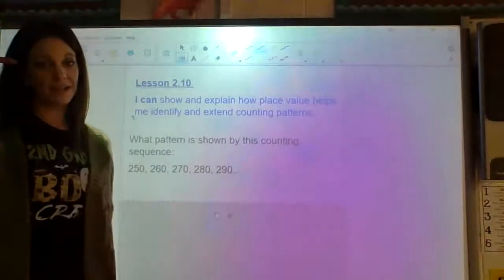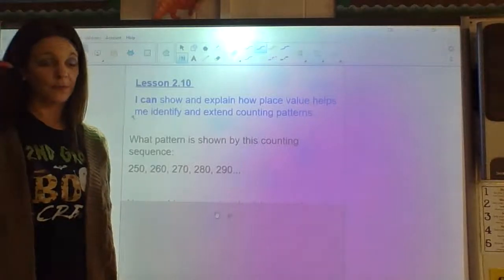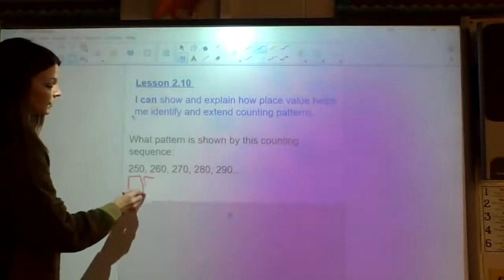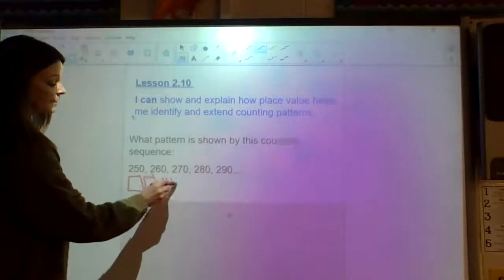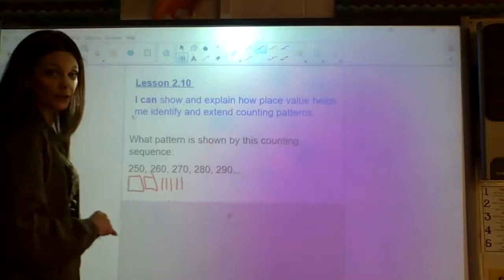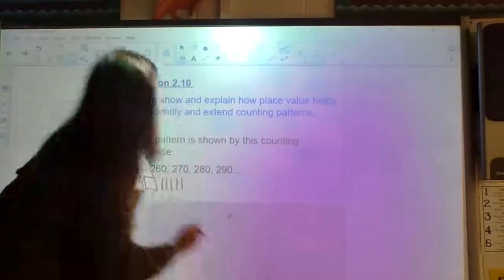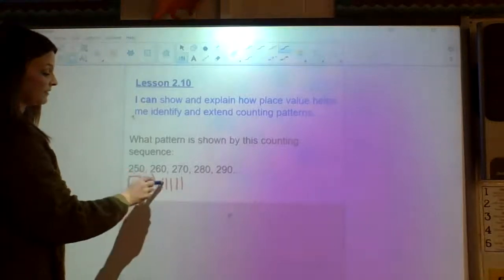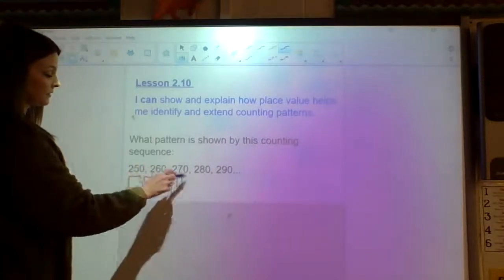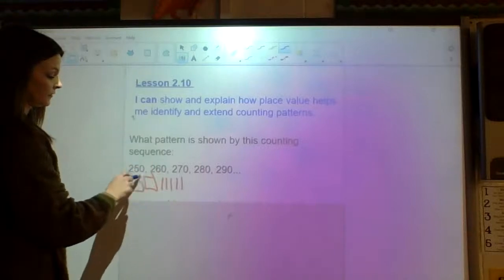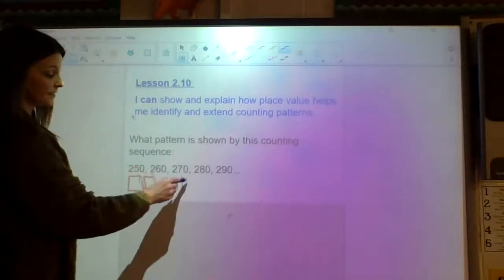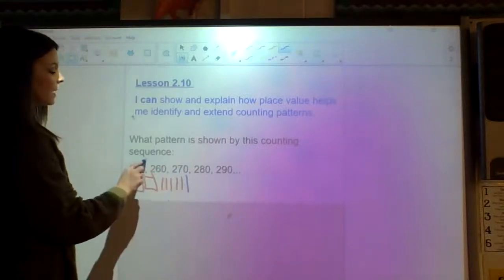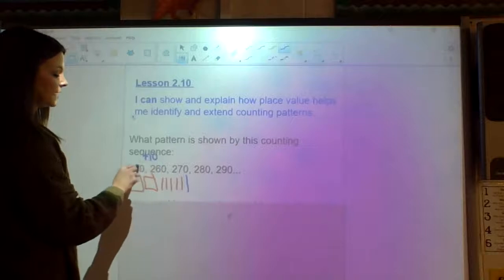I'm going to use my knowledge of place value. I'm also going to draw a picture: 2 hundreds, 5 tens, and 0 ones. So if I go from 2 hundreds, 5 tens, 0 ones to 2 hundreds, 6 tens, and 0 ones, what did I do? Oh, I added a 10.